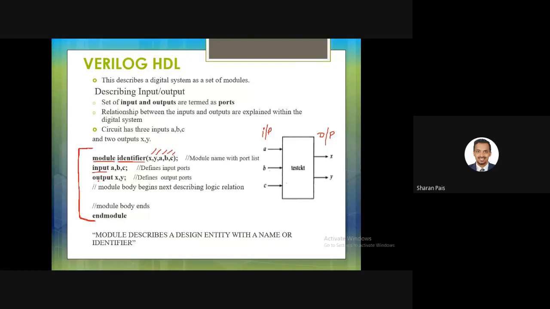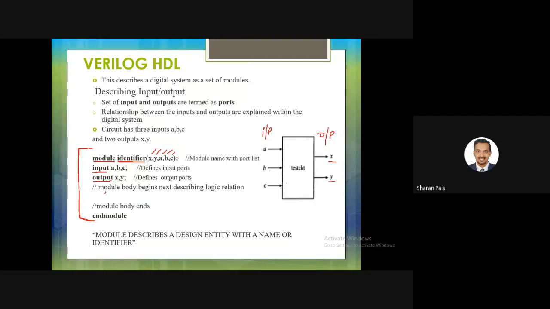There is no int or float here, because everything is a waveform. Then the output keyword, then list the output ports. X and Y are the outputs for my circuit. Semicolon. With respect to your circuit, these A, B, C, X, Y will change. You can give any names for that.